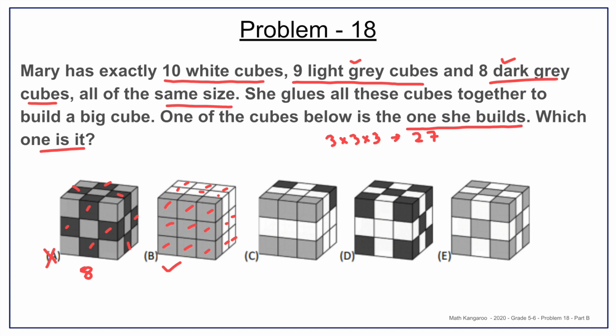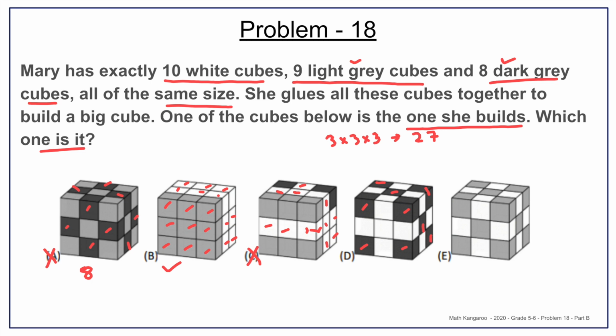Let's try option C. Let's count the white cubes. We have 1, 2, 3, 4, 5, 6, 7, 8, 9, 10, 11. We need 10 white cubes, so this is not our answer. Let us consider option D. We have 1, 2, 3, 4 dark here, 5, 6, 7, 8, and 9.